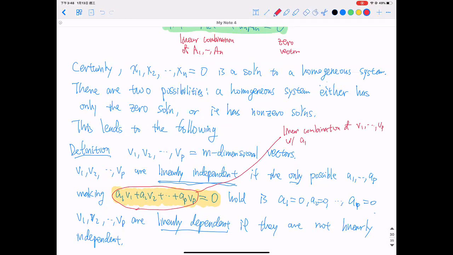Now these A's, A1 through Ap, are called coefficients.